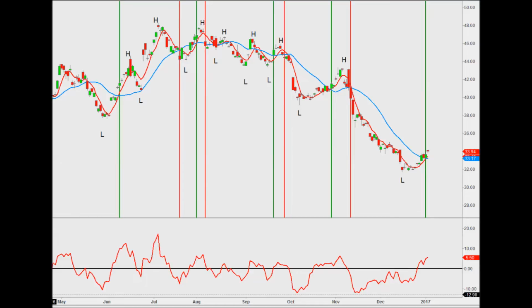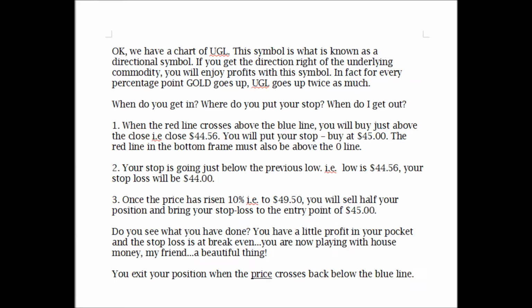And you'll see that the way we're placing our trade is that when that red line crosses above the blue line, we are then placing a buy trade, and we are putting our stop loss, the point at which we would be wrong, just below the most recent low.